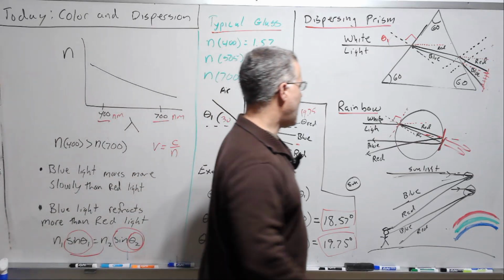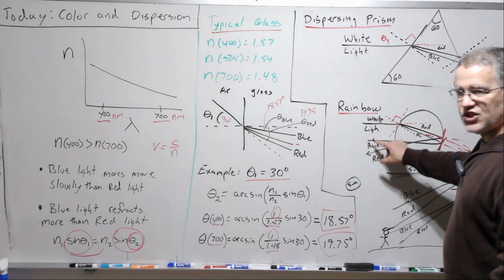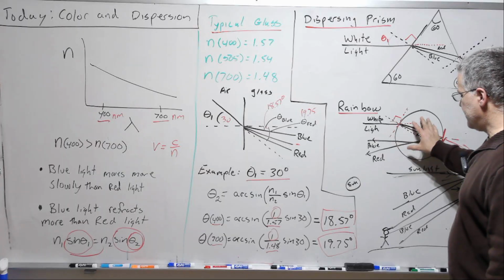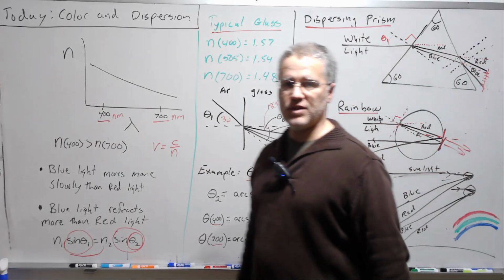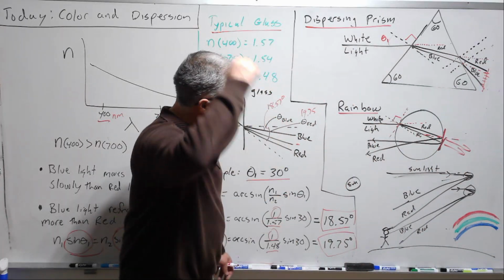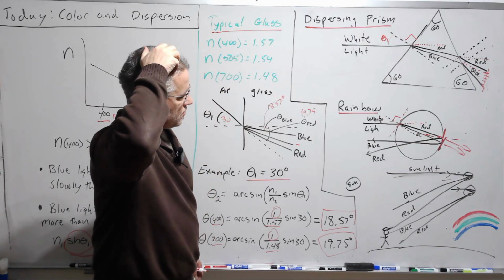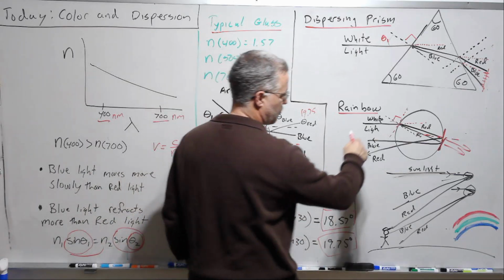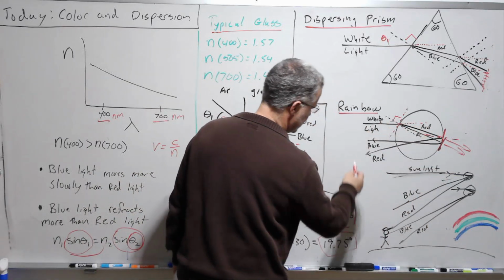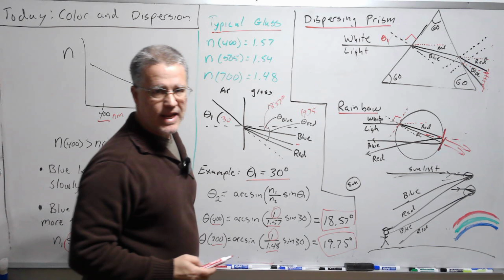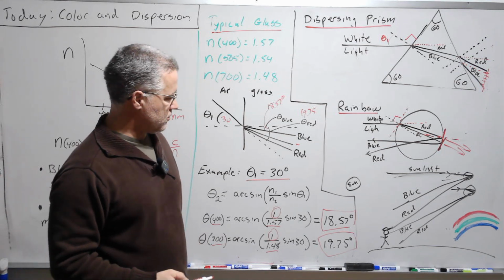And so there's an optimal angle for each color of light that comes out, and that will be the brightest. And so let's see how this develops into a rainbow that we would see from the ground.